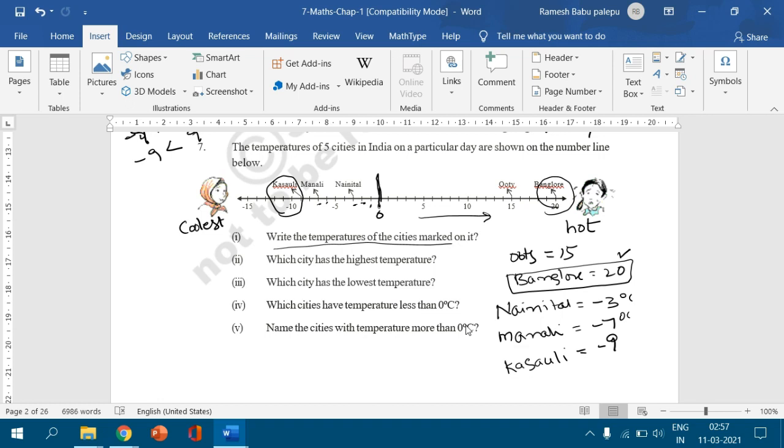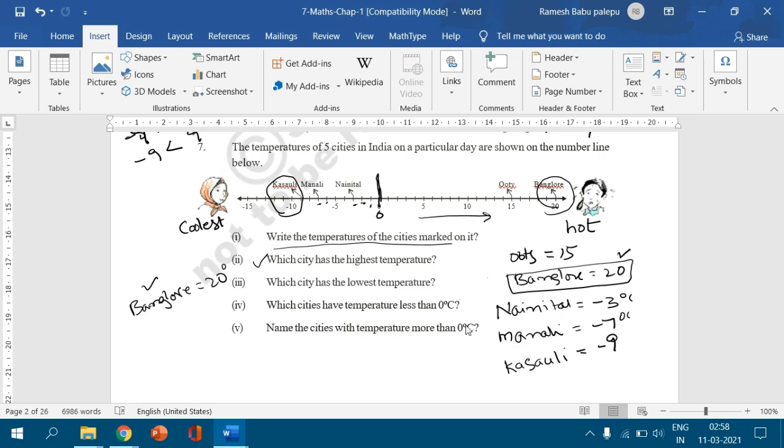So which has the highest temperature? So here we answer that the highest positive number is the hot one. So Bangalore is the hottest city because Bangalore temperature is 20 degrees.